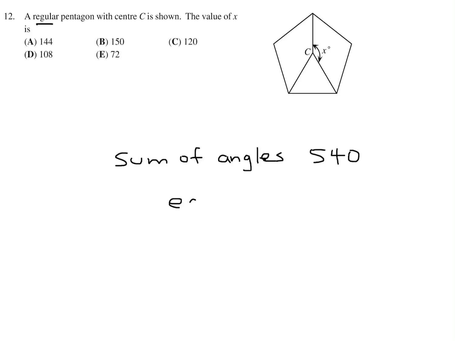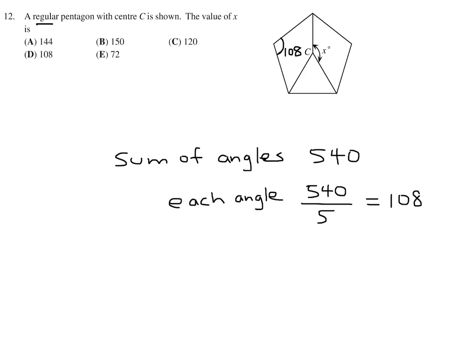So each angle will have a value of 540 divided by the number of angles of a pentagon. Number of interior angles are 1, 2, 3, 4, 5. So divided by 5, and that will give you 108. So each interior angle like this is 108.